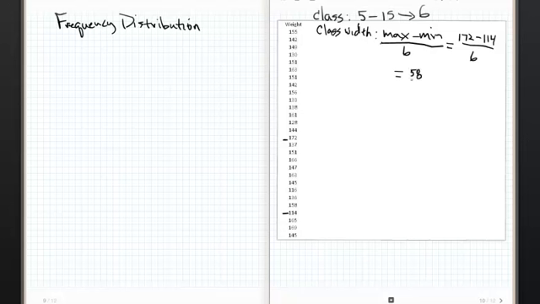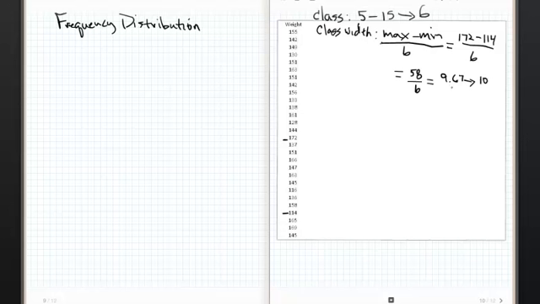So 58 divided by 6. Now, something funky may happen here, and I'll show you what potentially could happen in just a sec. All right, so 58 divided by 6 is 9 2/3, so 9.67 approximately. I'm going to round this up to 10.